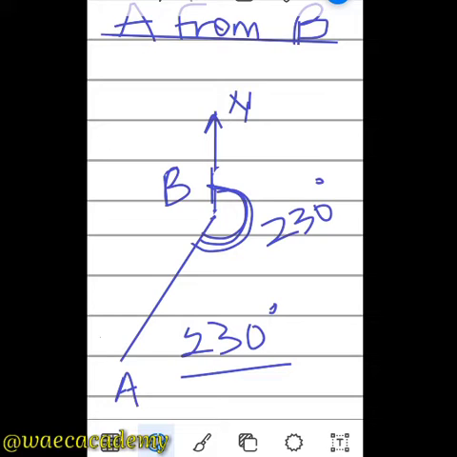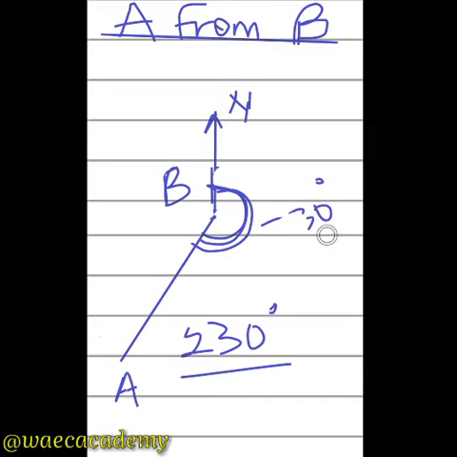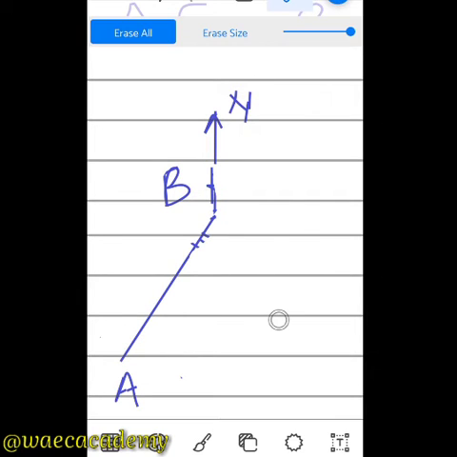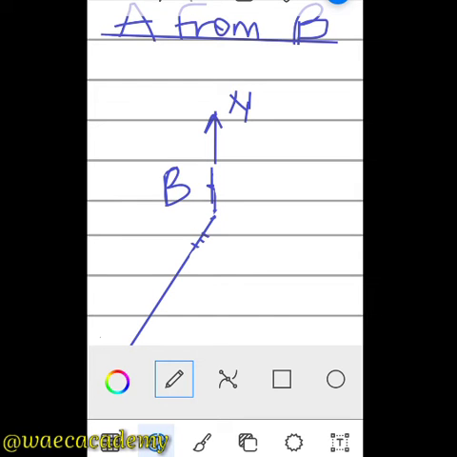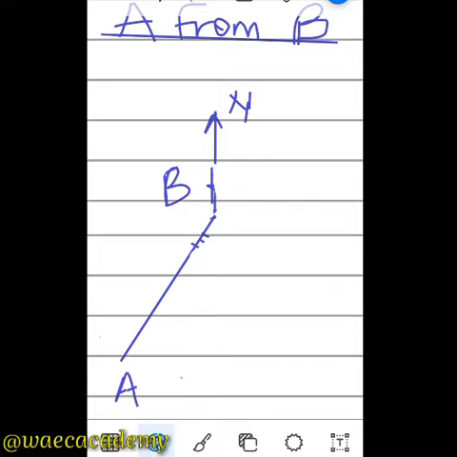Let's try to solve another one that involves actual calculation. So let's clean this up a little bit as usual. So same question, but in this case, you are not given this. What you are given in the angle is this side.